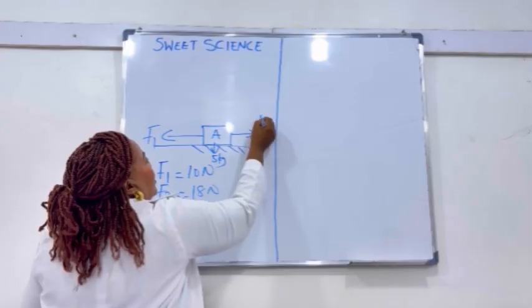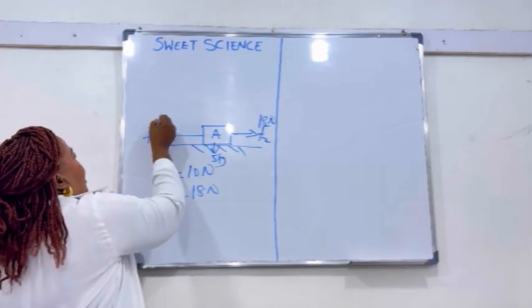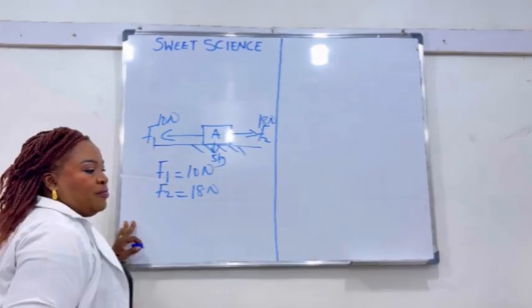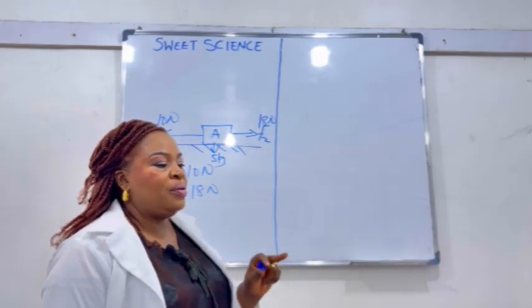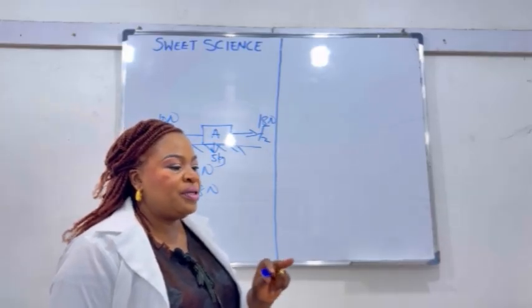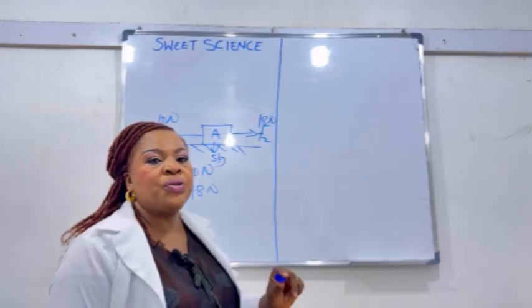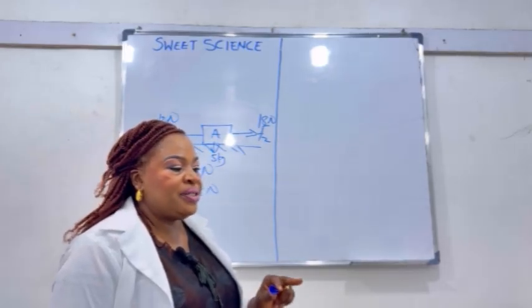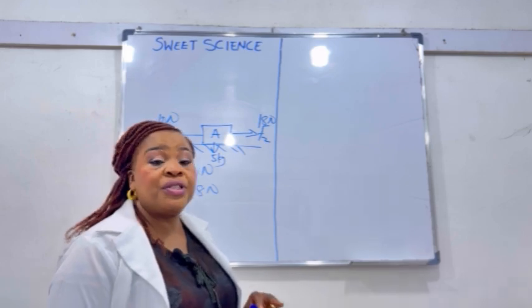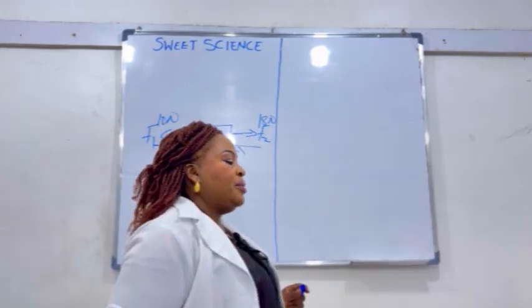So here is 18 Newton force and here is 10 Newton force. The question says calculate the work done when the object moves through a distance of 2 meters.